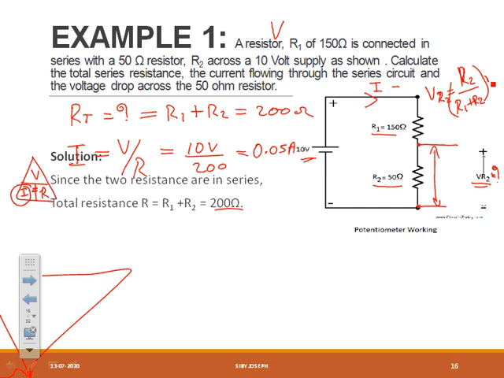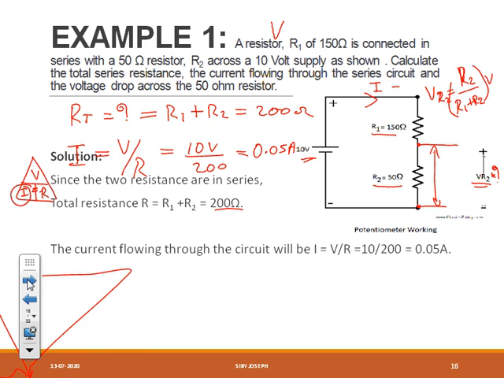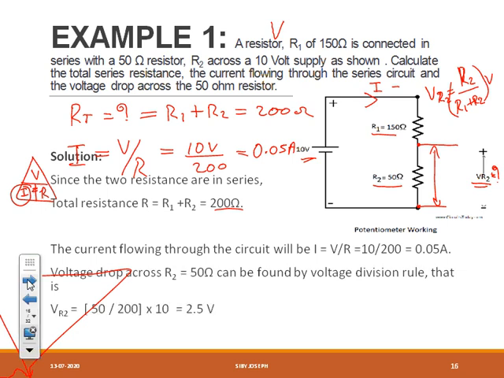The applied voltage is V, equal to 10 here. So by substituting the values of R1, R2 and V, VR2, the voltage across the resistor, is equal to 50 divided by 200 into 10, which is equal to 2.5 volt.